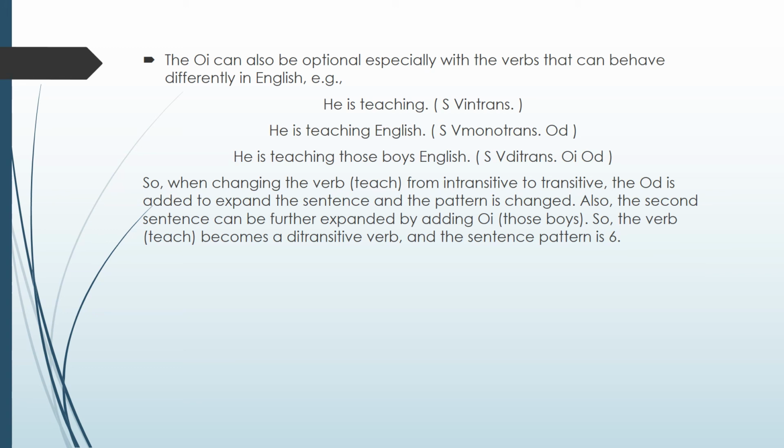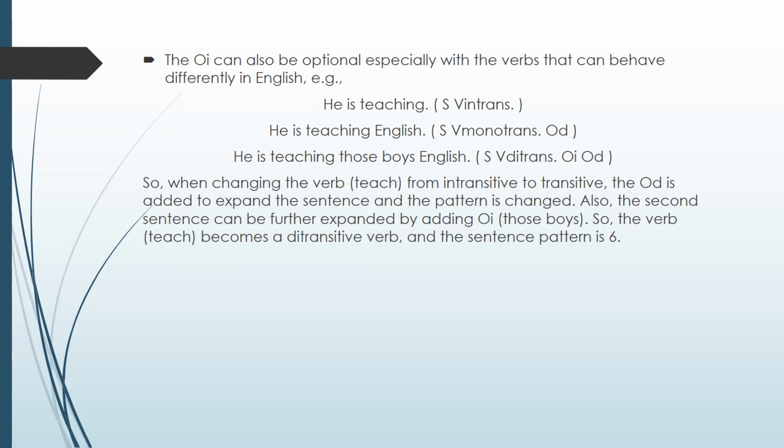I can expand my sentence more by adding another element when I say he is teaching the boys English. So he is the subject, is teaching the verb, the boys is the indirect object, and English is the direct object. So I am adding here a new object to the sentence, and since my verb teach has taken two objects, this means that it also has changed its type from monotransitive to ditransitive, so pattern number 6.